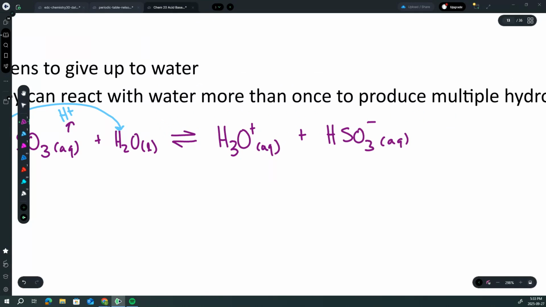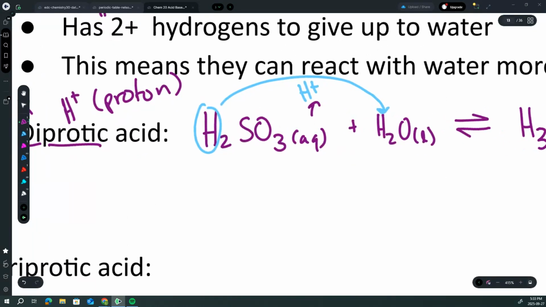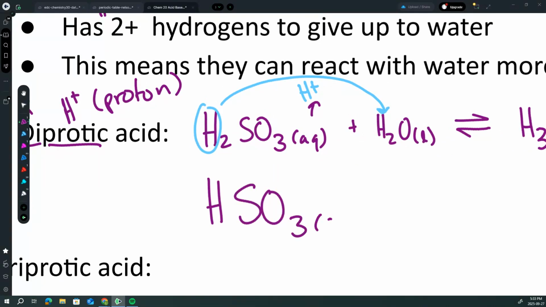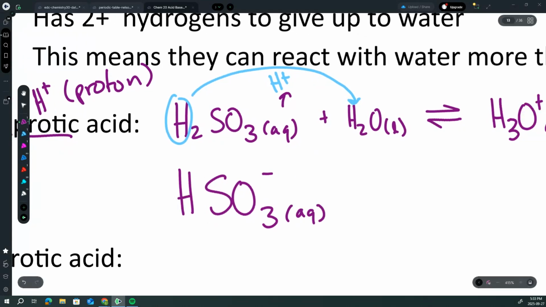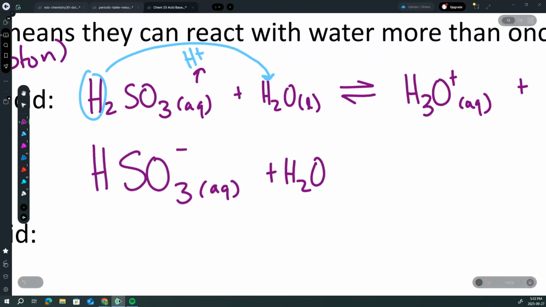So that's why I'm choosing hydrogen sulfite to keep on reacting with water. I'm going to write HSO3 aqueous with the 1- charge plus water.